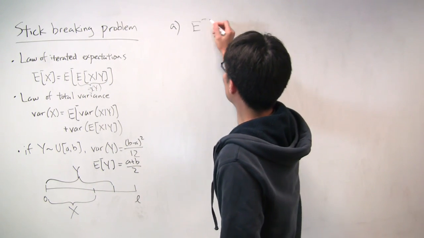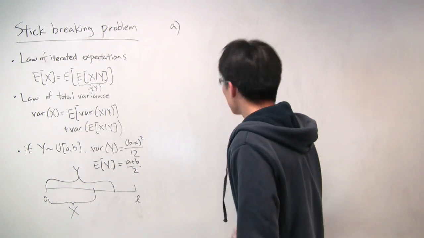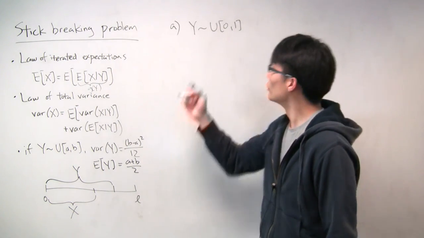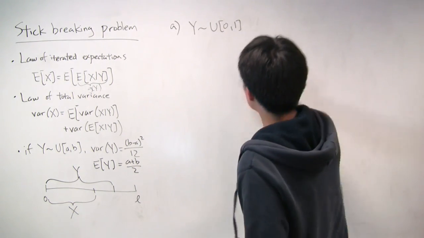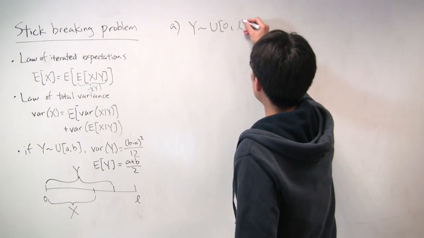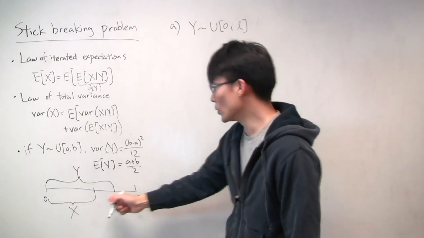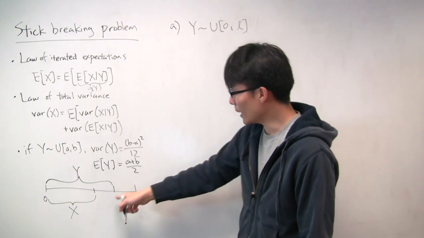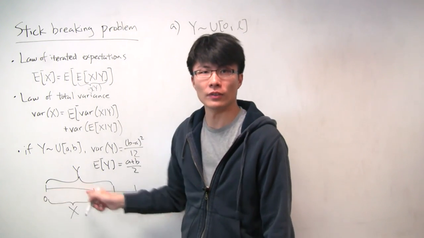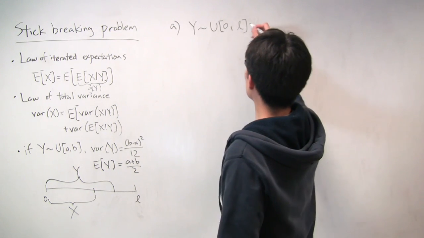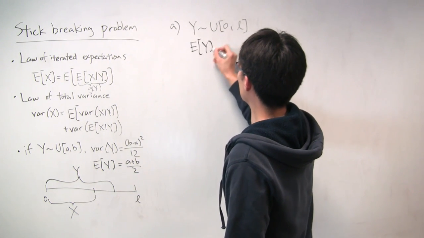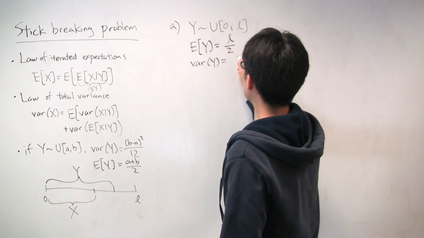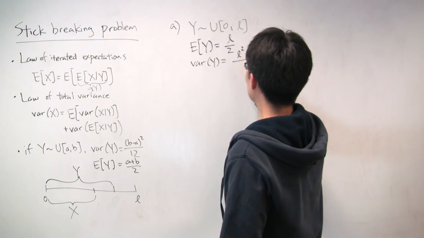Because y is actually just a simple uniform random variable, uniformly distributed between 0 and L, the length of the stick. This is because we choose the point of the break uniformly at random between 0 and L, and wherever we choose it, that's going to be the length of the left side of the stick. So the expectation of y is just L over 2, and the variance of y is L squared over 12.